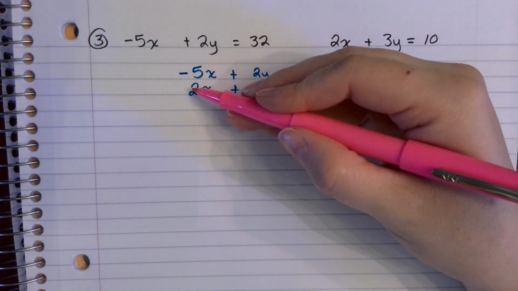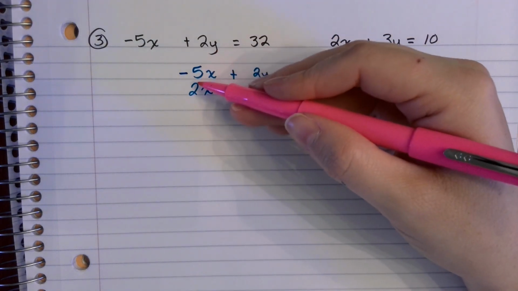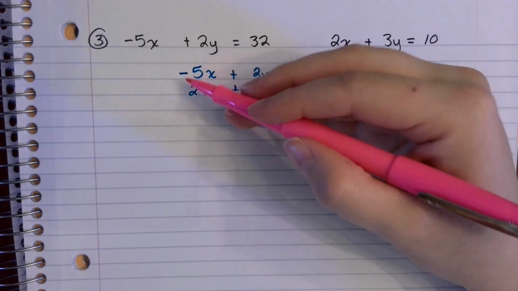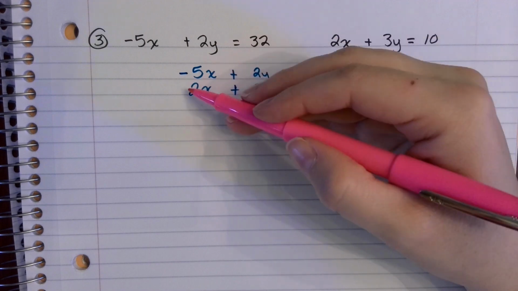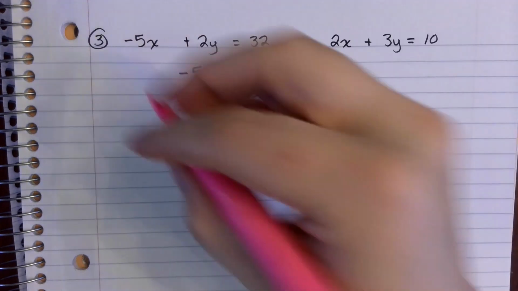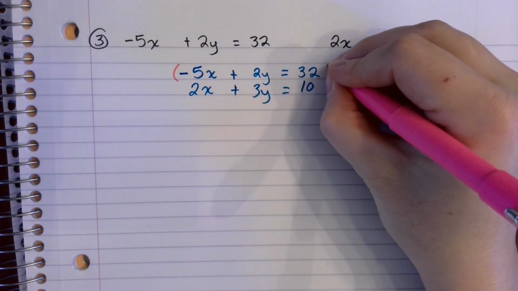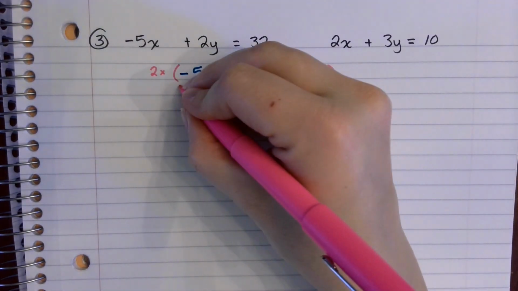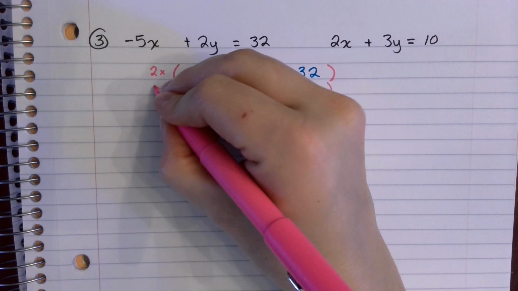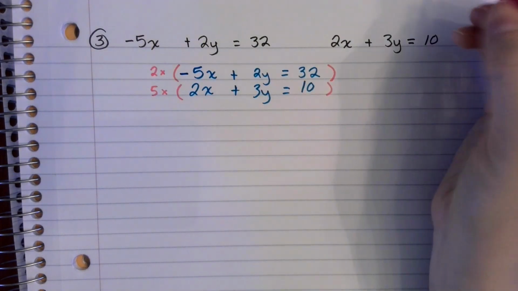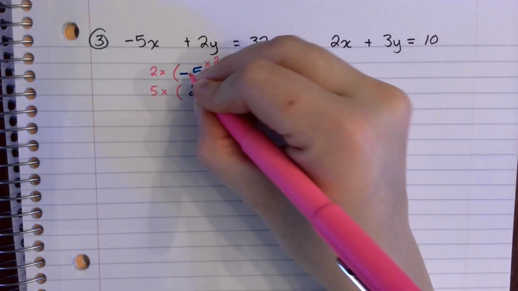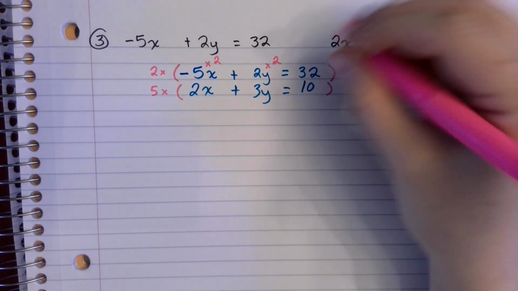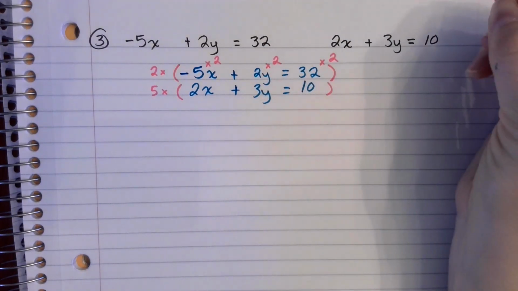So I just need to figure out the common multiple that 5 and 2 share, which happens to be 10. 5 times 2 will give you 10. 2 times 5 will give you 10. So we're going to multiply the first expression, everything, by 2. And the second expression, we're going to multiply everything by 5. So I'm going to multiply negative 5x times 2, 2y gets multiplied by 2, 32 gets multiplied by 2.